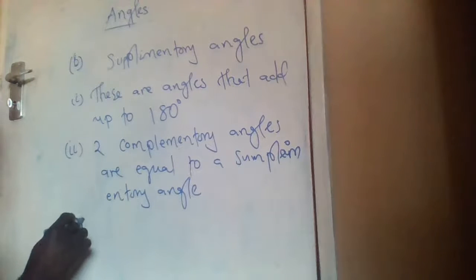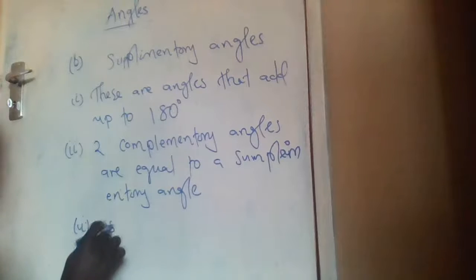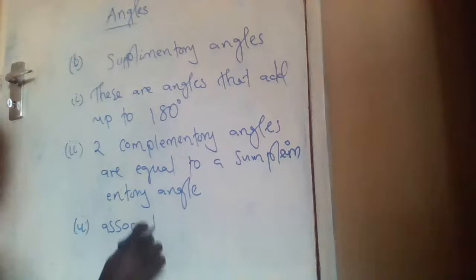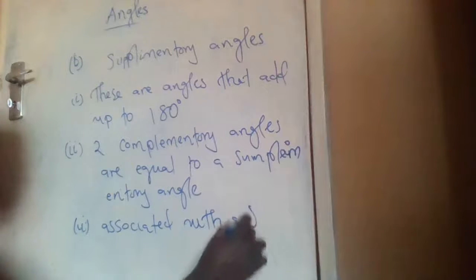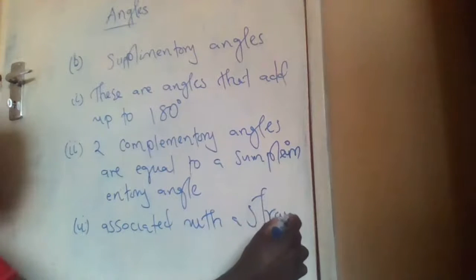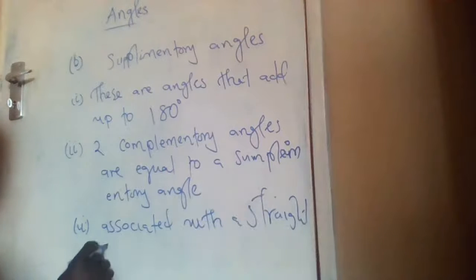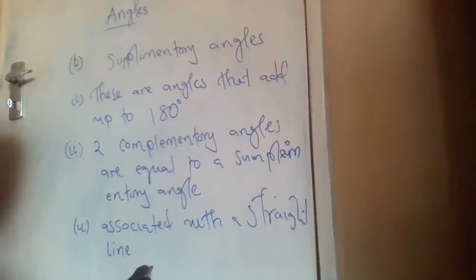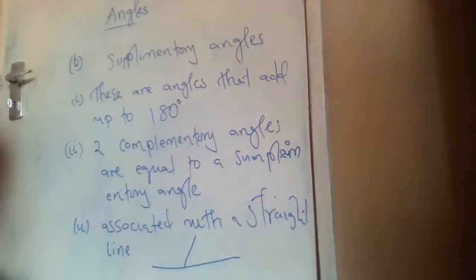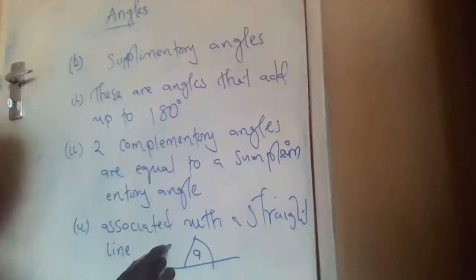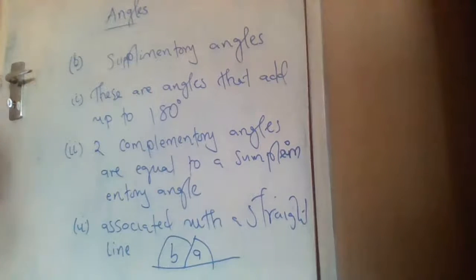The other point is that these angles are associated with a straight line. An illustration is that if this is a straight line, this angle A here and angle B, when we add them, are supposed to give us 180.